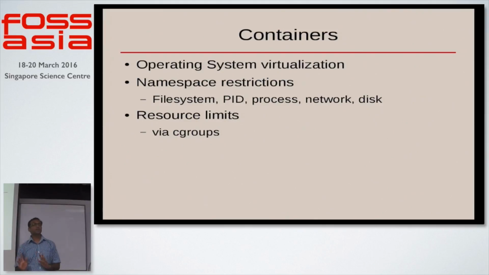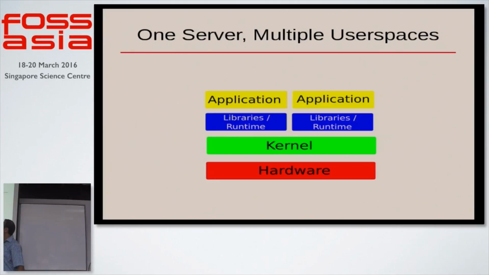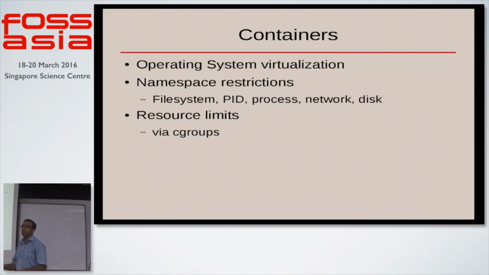Containers as a technology is not new. It has been in existence for a really long time. It's just recently that many people are talking about it. But what containers really means is operating system virtualization, which is another name for it. As we saw here, we are actually virtualizing the operating system, and the user space is replicated or different across those virtual machines.